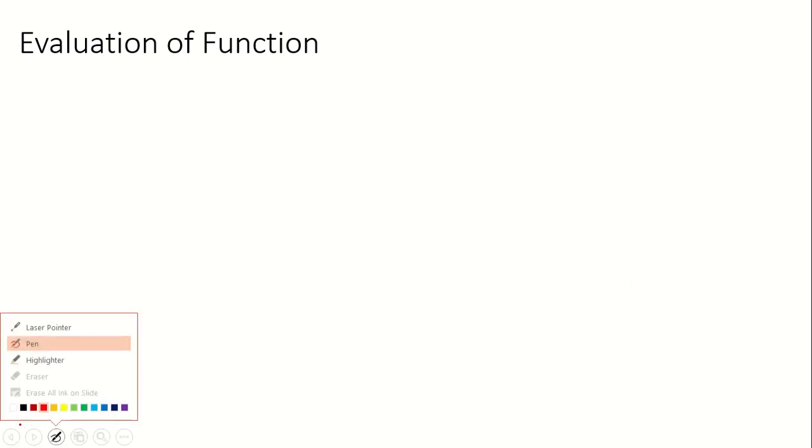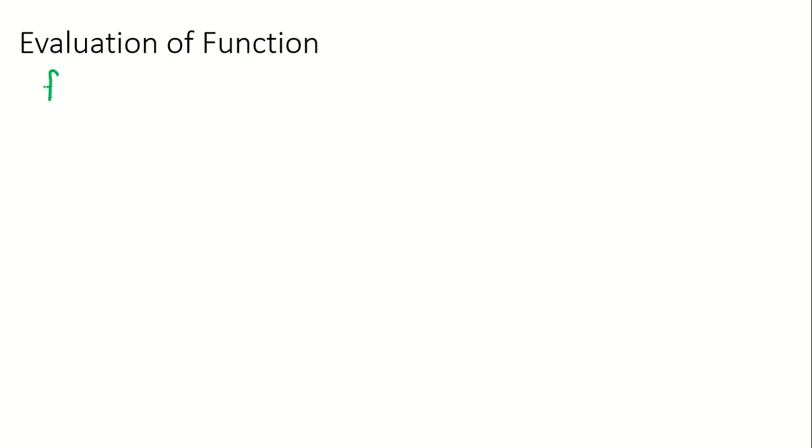So that's how to determine a function or not a function. For the second part of this module, we look at how to evaluate a function. Simply, evaluating a function is to substitute our values. Let's say we have f of t is equal to t raised to 2 plus 15t. If you want to evaluate f of 5, we will just substitute 5 for t.